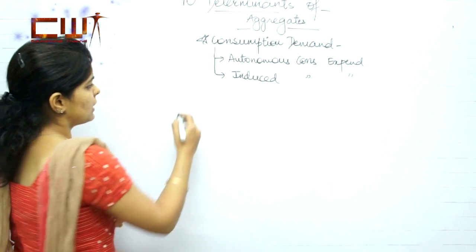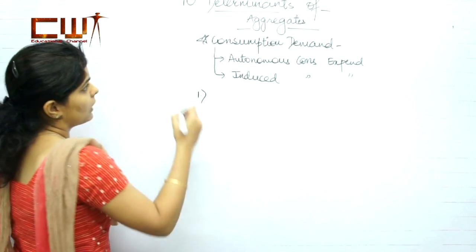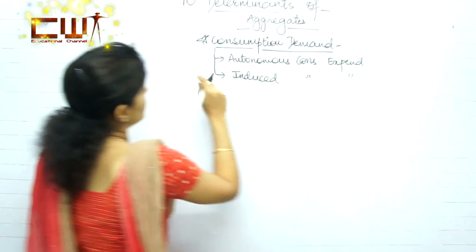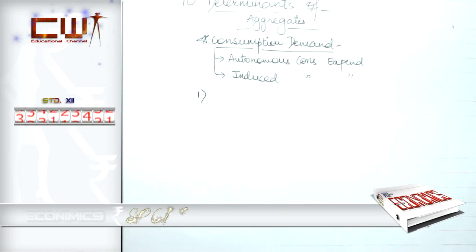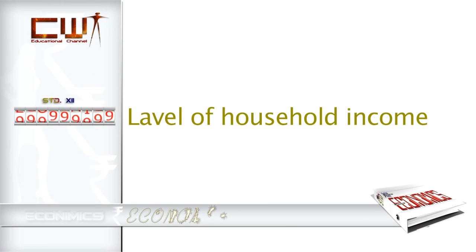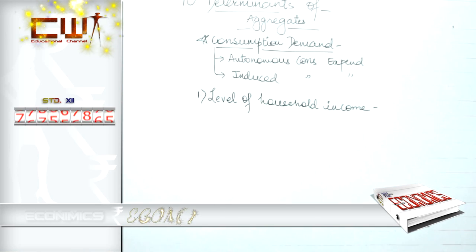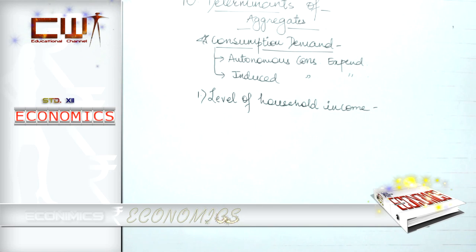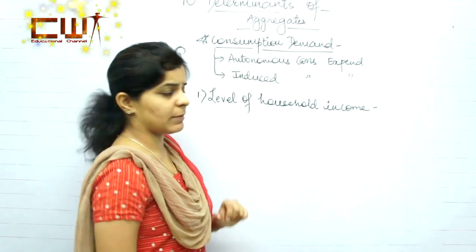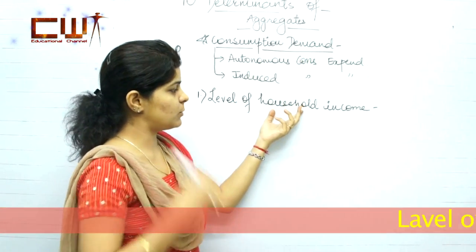The first determinant of consumption demand is the level of household income. If the income of the household is high, it can spend more on goods and services. The consumption demand is made by the consumers. Where do the consumers stay?